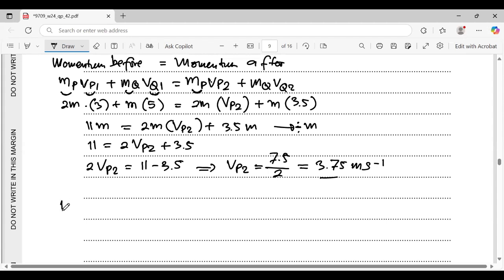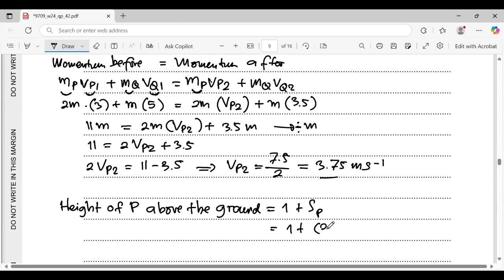Now the height of P above the ground equals 1 plus the distance of P. So 1 plus 2t minus 5t squared.